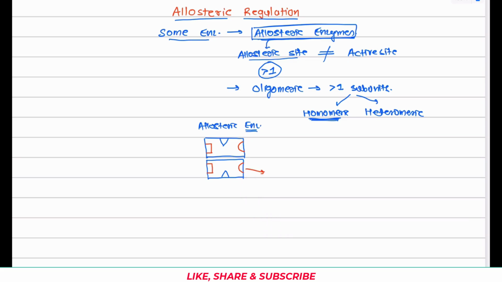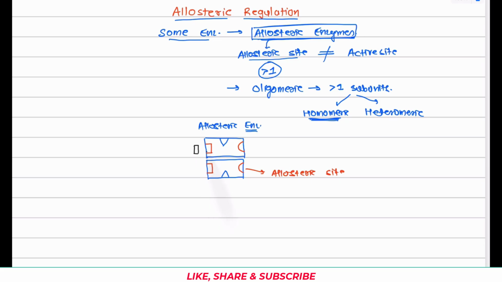So this is the allosteric site. Remember, all these pits shown in red are allosteric sites. So in this example, we have a total of 4 allosteric sites. Now there are certain molecules which can bind with these allosteric sites.